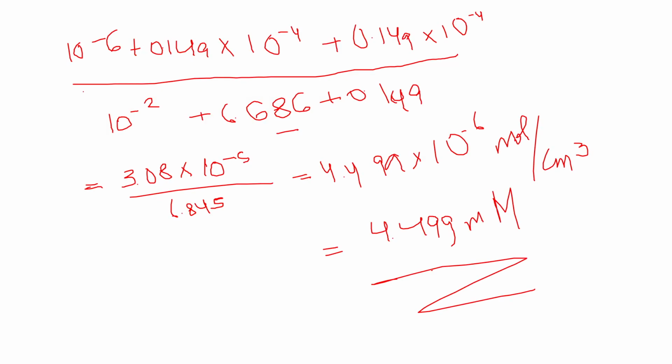So now, no doubt, I guess. The next question is to find out the CBS. Again, this is a related question. So what is the formula for CBS? Concentration of B at surface.